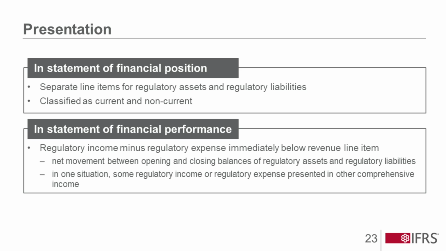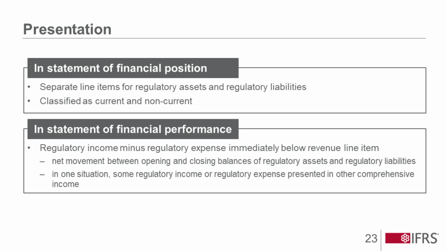The exposure draft proposes that regulatory assets and regulatory liabilities should be presented in separate line items in the statement of financial position. If an entity presents a classified balance sheet, it would present current regulatory assets, non-current regulatory assets, current regulatory liabilities, and non-current regulatory liabilities as separate line items in the balance sheet.